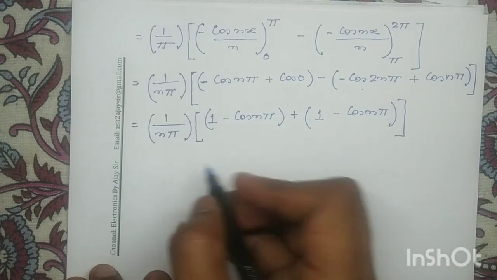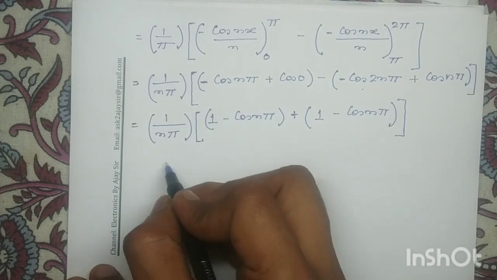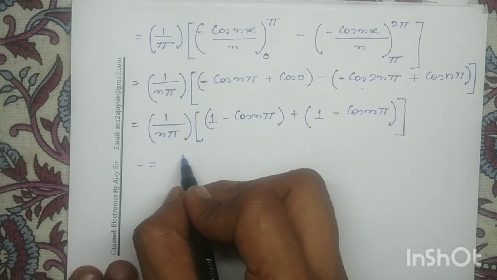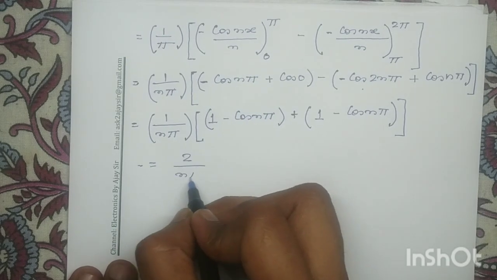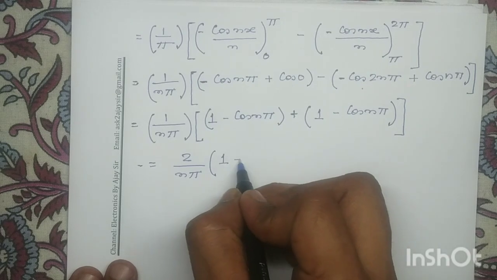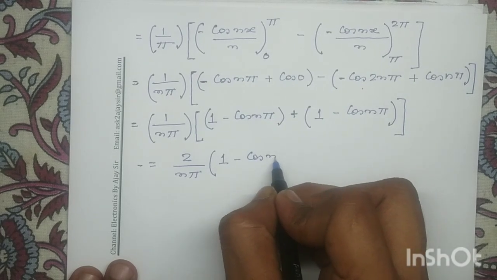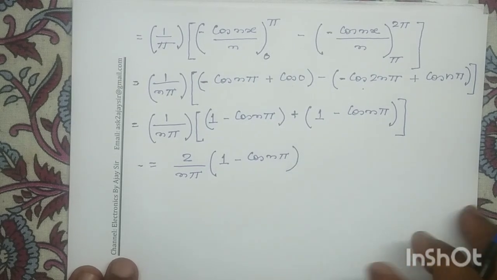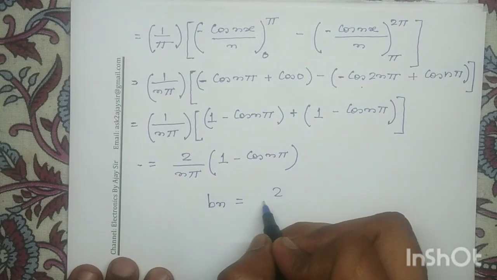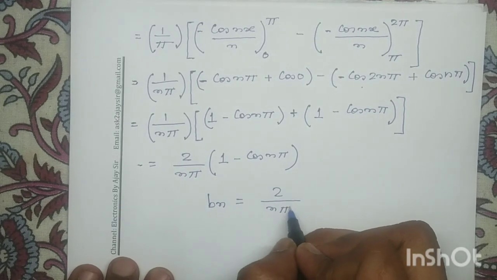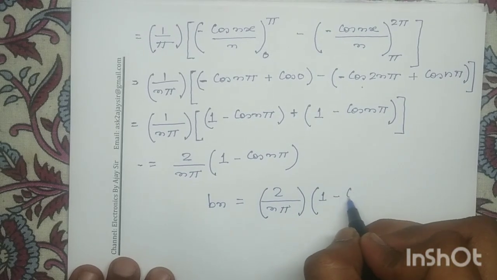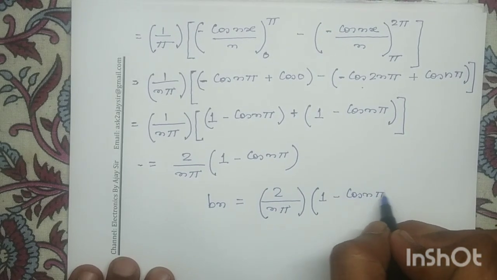So we have obtained the expression of Bn, that is equal to 2 by n pi multiplied with 1 minus cos n pi. So our final expression of Bn is equal to 2 by n pi, 1 minus cos n pi.